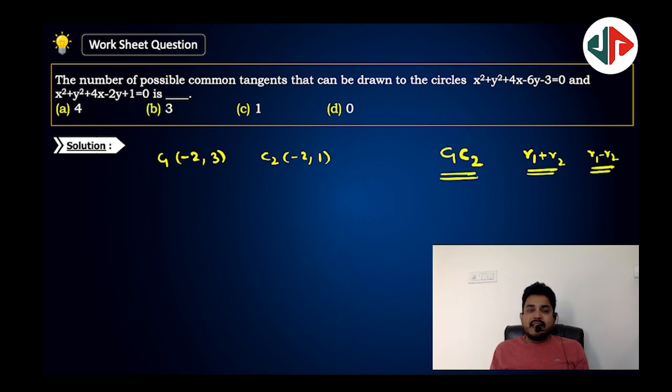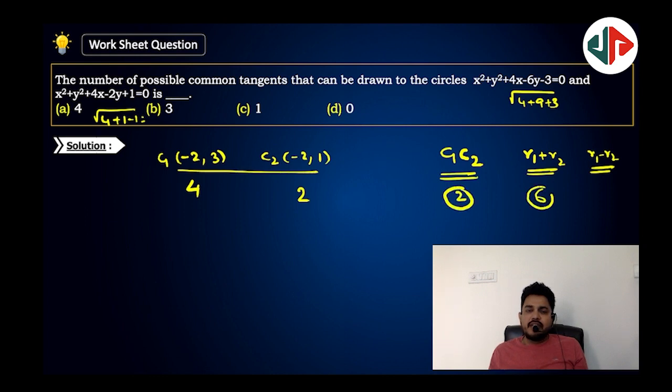The radius of this circle is the square root of 4 plus 9 plus 3, so the radius is 4. What about the radius of this one? This is 4 plus 1 minus 1, so 2. Clearly C1C2 is 2 units, R1 plus R2 is 6 units, and R1 minus R2 is 2 units.